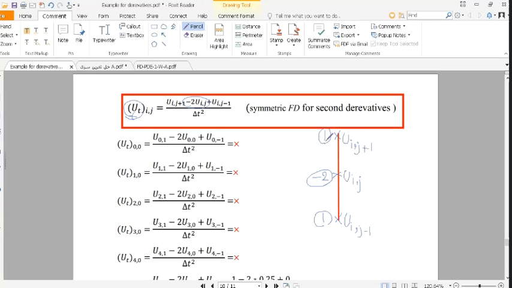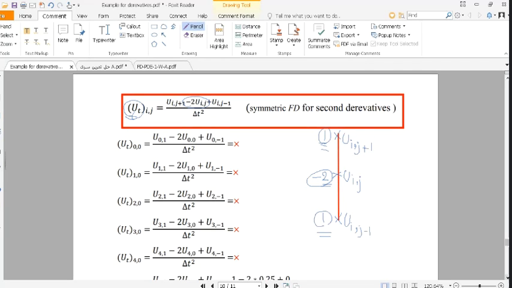Means we have 1 u i and j plus 1 minus 2 u i j plus u i and j minus 1. Then this value of u is over delta t2.